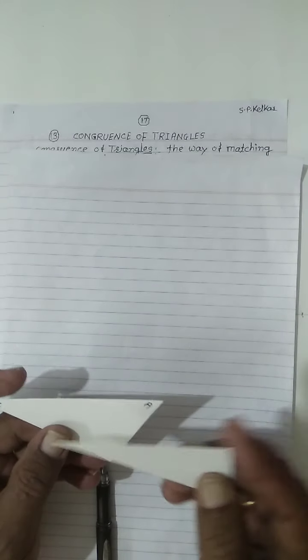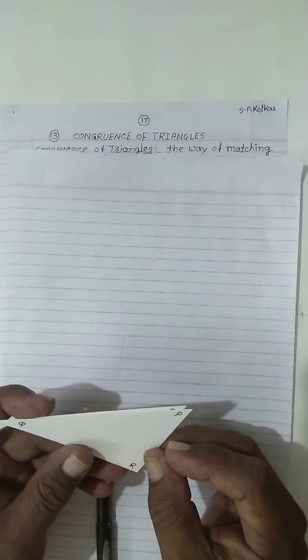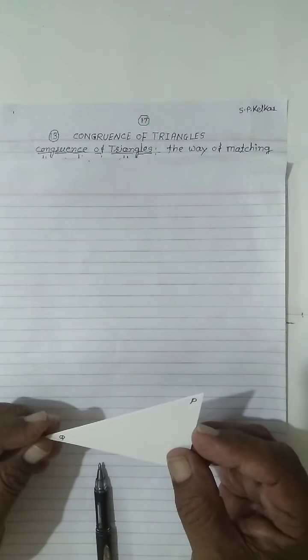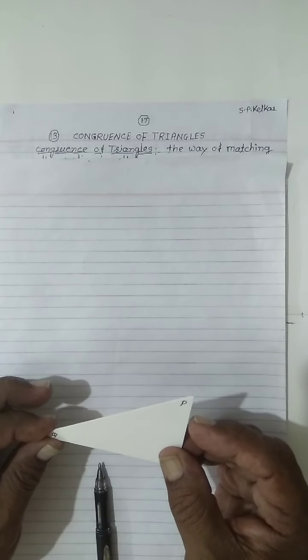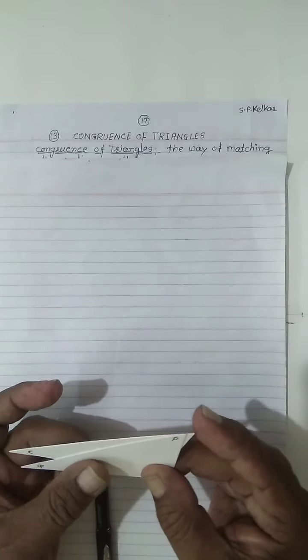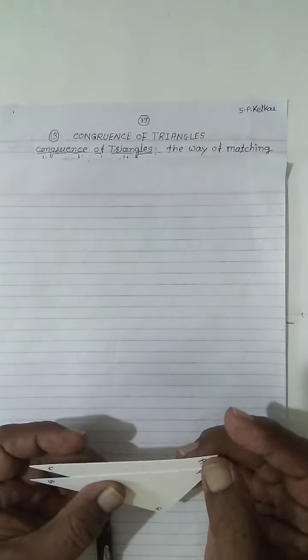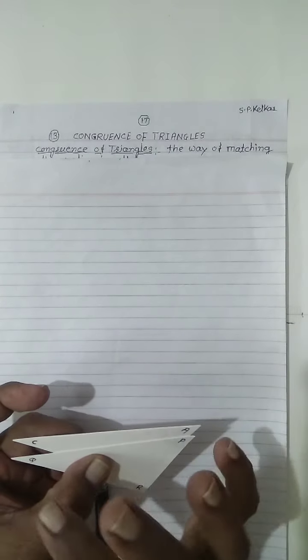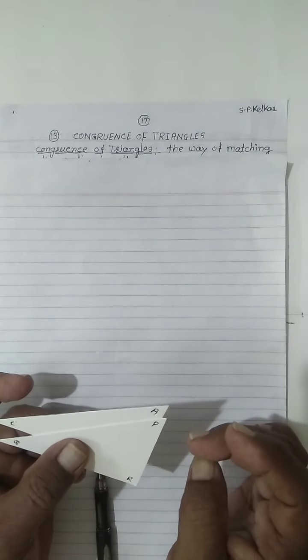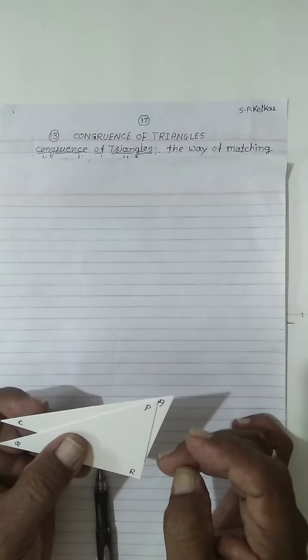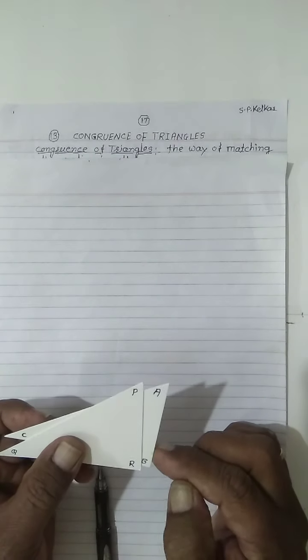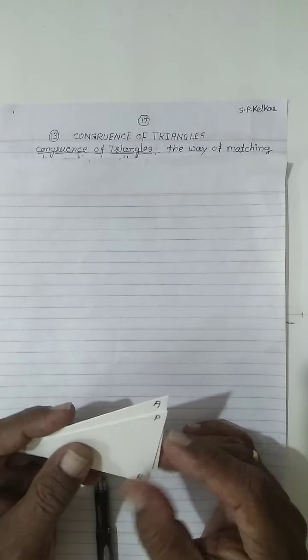So there is only one way which matches the two triangles exactly. We can say that angle P and angle A are congruent angles, angle C and angle Q are congruent angles, and angle R and angle B are congruent angles.